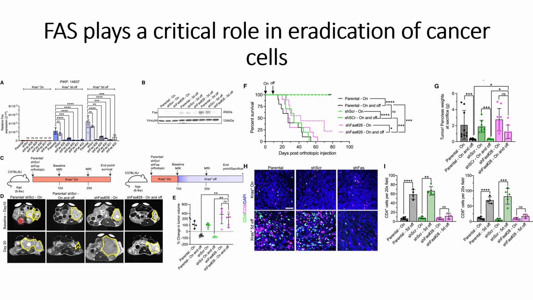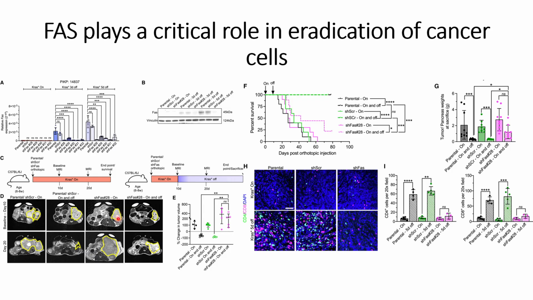In the parental case and where scrambled RNAs are there, after 10 days there is some tumor volume, and this is also seen in the case where scrambled RNAs are there after 10 days, and when the FAS receptors are there, they see the tumor volume is high.